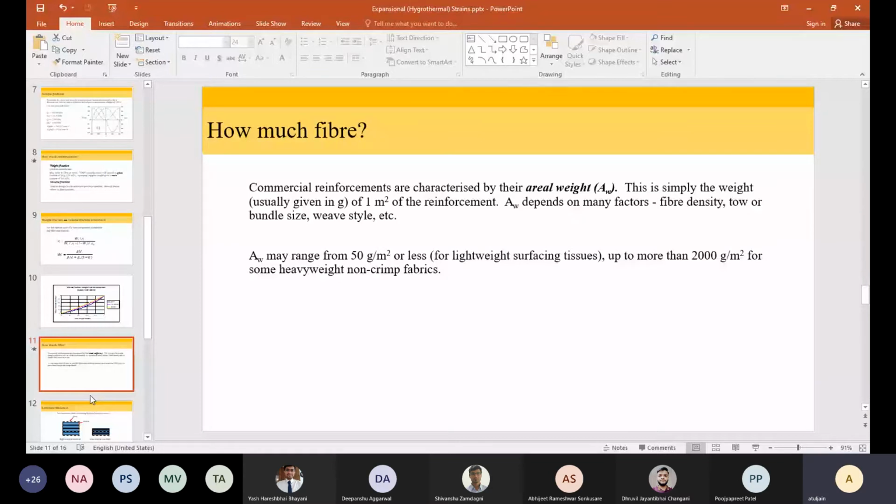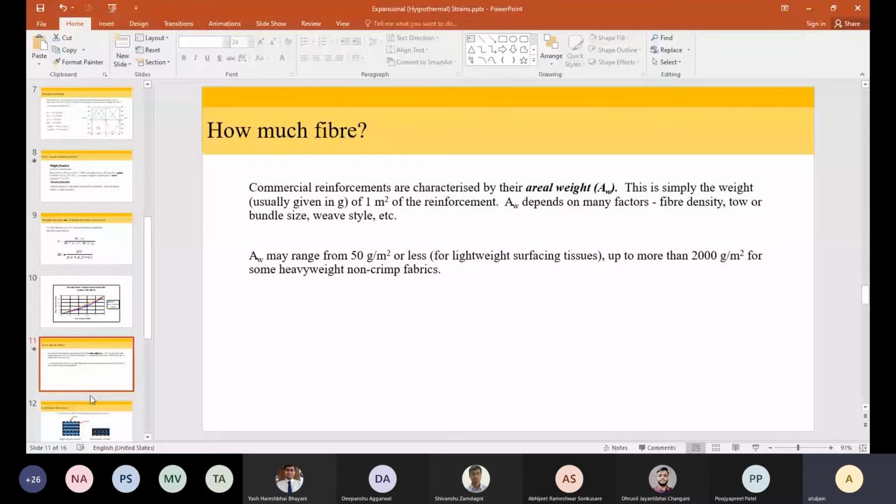For example, if you go to a Raymond shop and the shopkeeper tells you this fabric is nice because its GSM is so and so, GSM means grams per square meter. He is usually referring to this areal weight, that is, the weight of 1 square meter of that fabric. Similarly, for our fibers also we use the same thing.